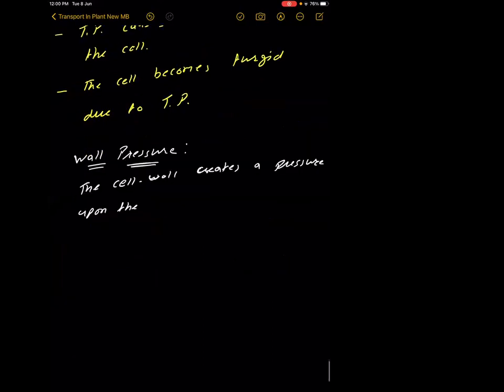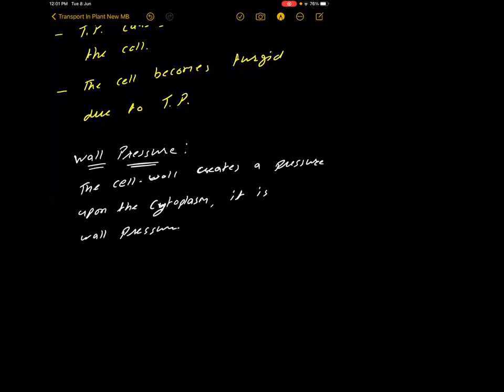Okay, wall pressure. So wall pressure means what? Against the turgor pressure, the wall creates another pressure on the cytoplasm. It is called wall pressure.